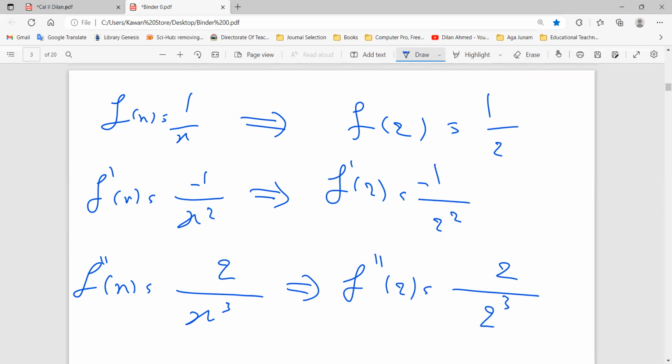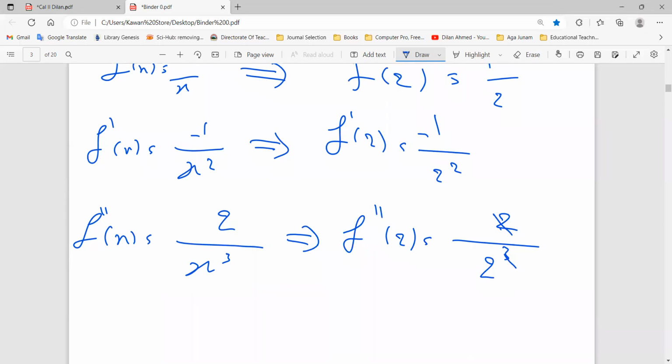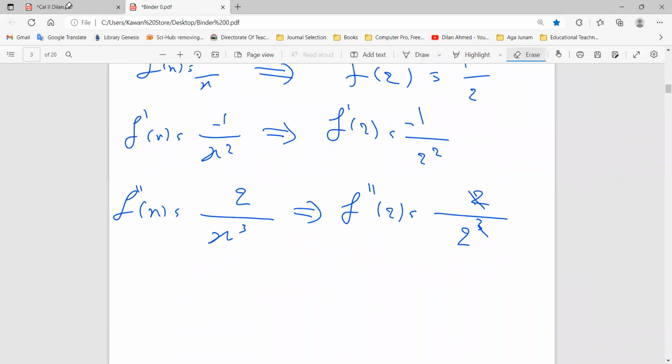Kindly, do not substitute the power. Do not make any cancellation. Just put it. Why? Because during the formula, we need it. Do not do it, just be patient till the end.